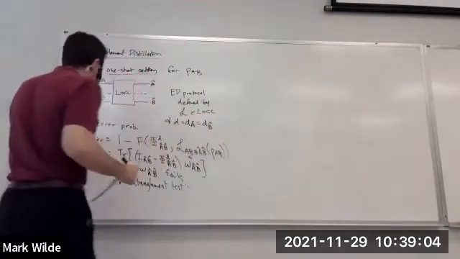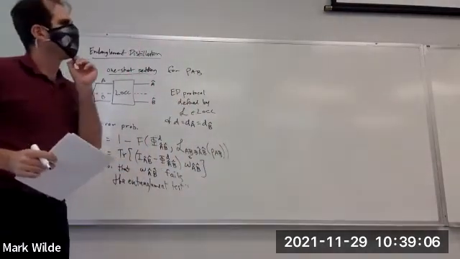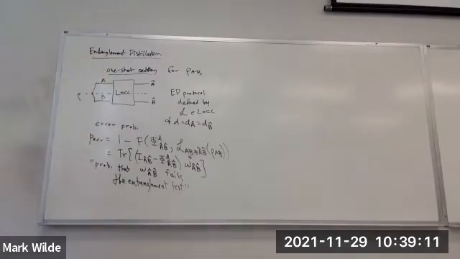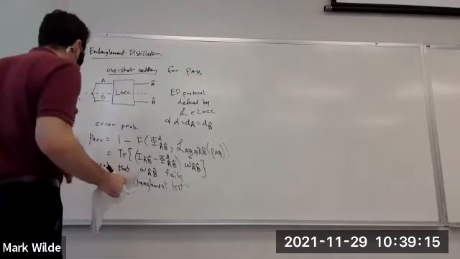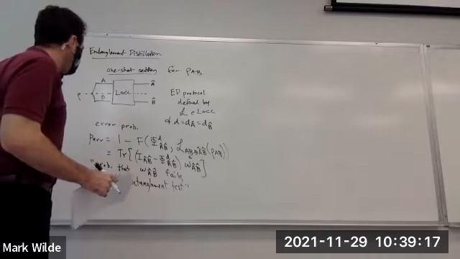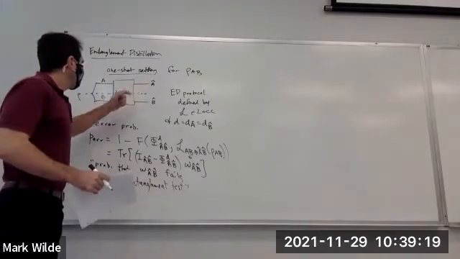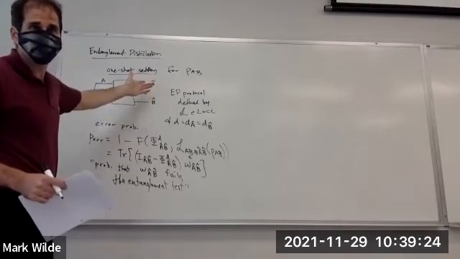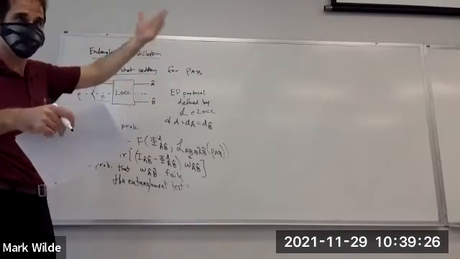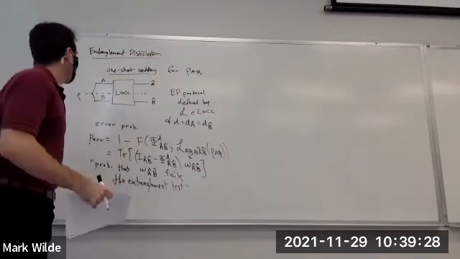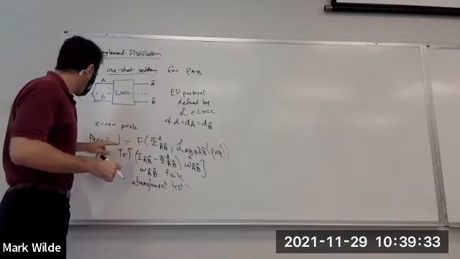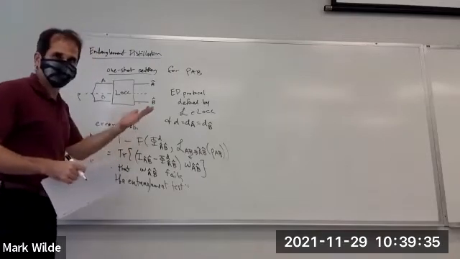The key quantity, like a one-shot capacity or a one-shot data compression limit for data compression, is now going to be a quantity called distillable entanglement. What we want to do is extract as large a maximally entangled state as possible so that we can do as many teleportations as possible, subject to the constraint that the error probability is less than epsilon.